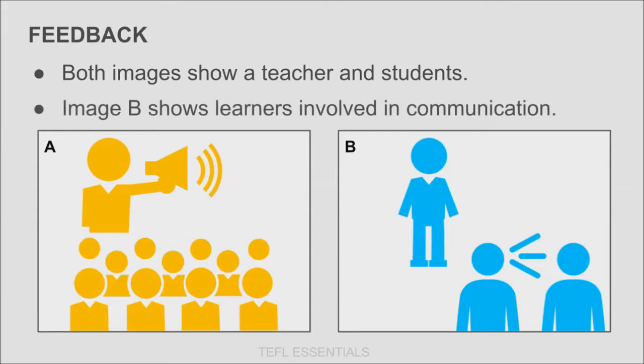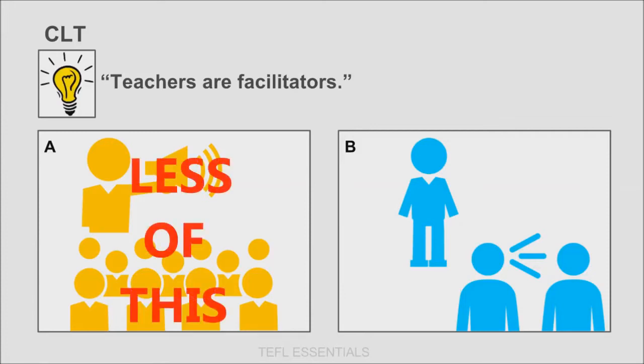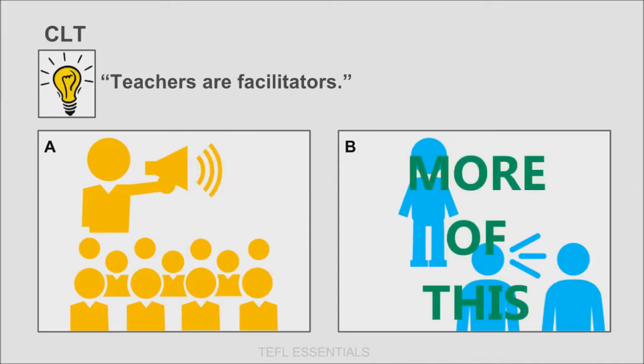Image B shows learners involved in communication. Communicative language teaching casts teachers in the role of facilitators. When a teacher has the role of facilitator, they have moved away from the traditional approach to teaching and teachers being the instructor. When the role of the teacher is that of facilitator of learning, the teacher is involved in leading discussions, asking questions which may not have a correct answer, and guiding students throughout their learning.